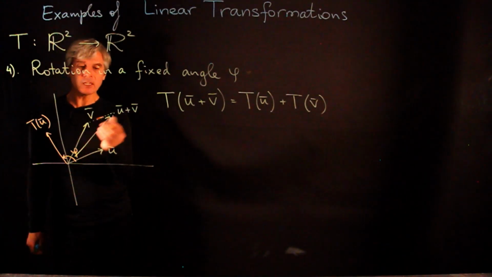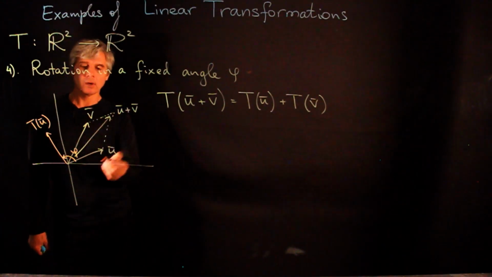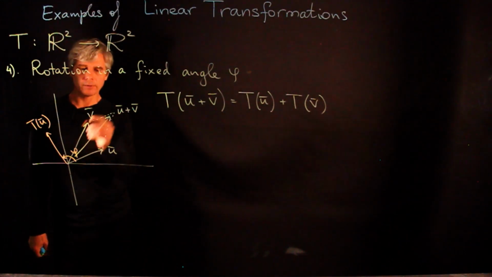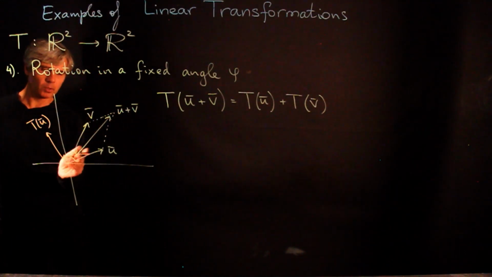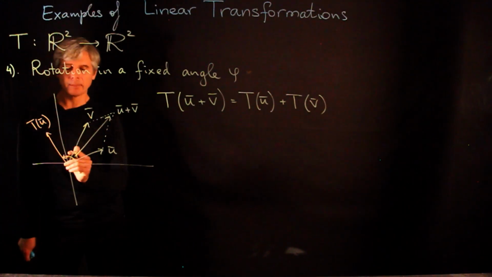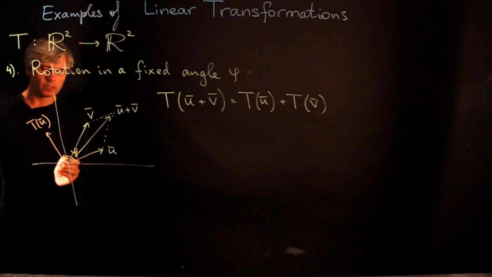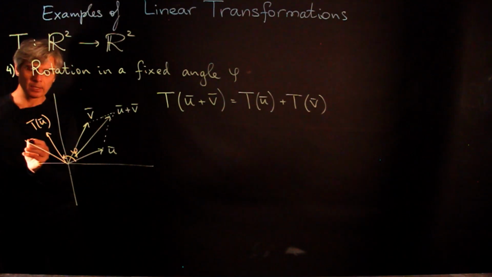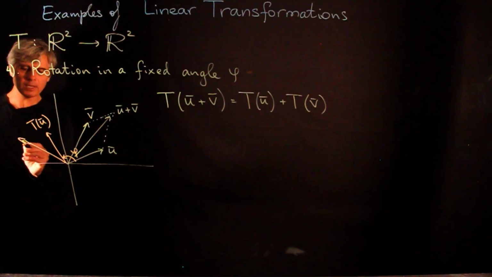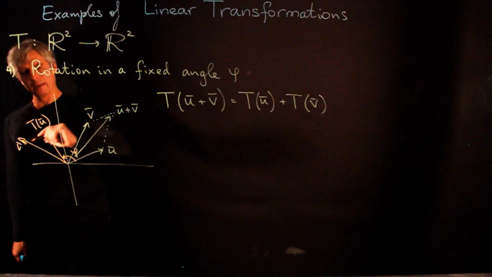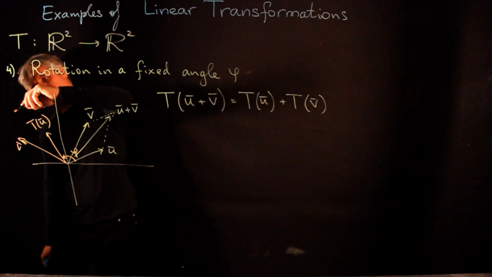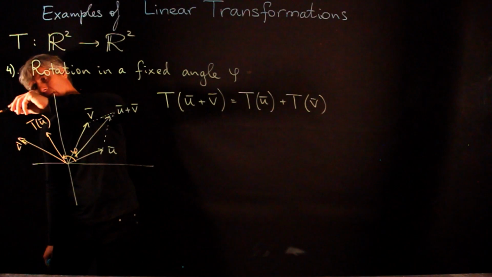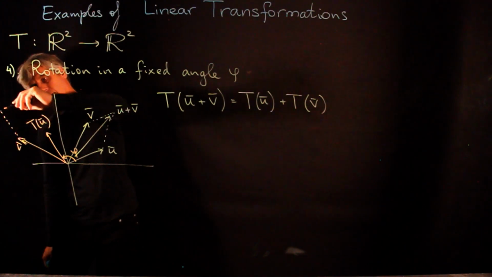We know that rotations preserve the shape of our figure, and because of this, when we rotate the parallelogram, the image is going to be, again, a parallelogram. This is our vector v here, and the rotated parallelogram will be like this.